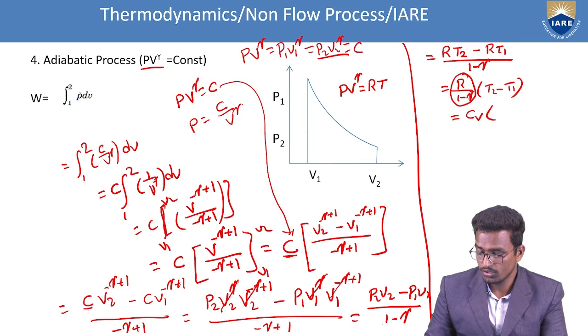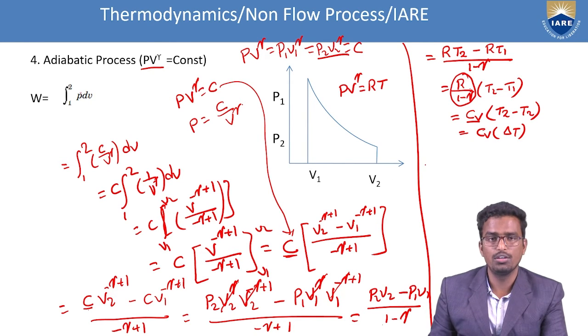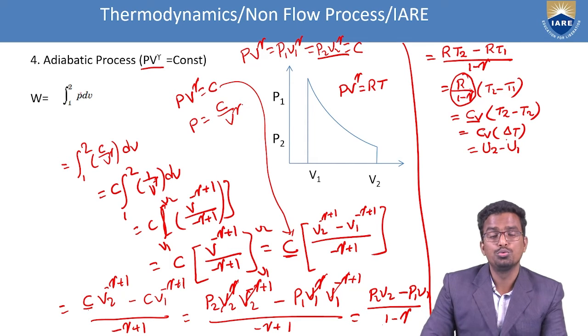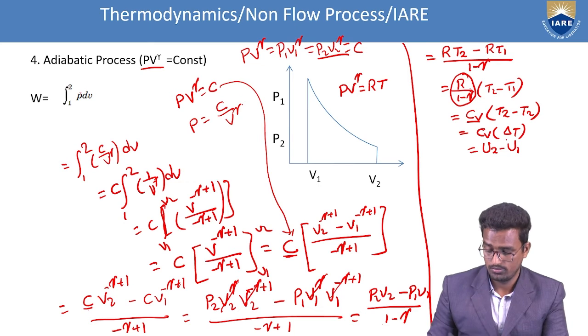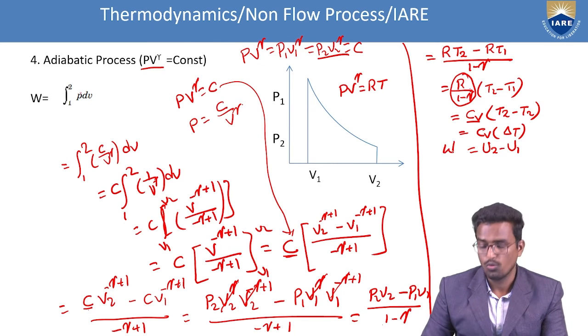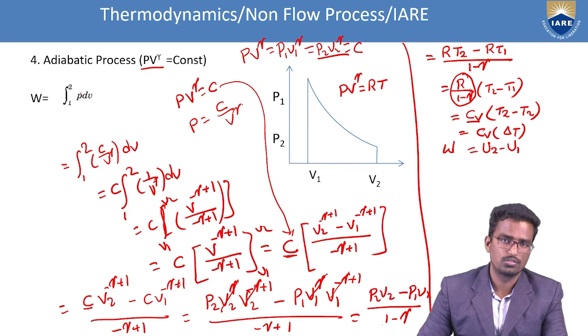So you can write CV into T2 minus T1, which means CV into delta T. We can also write it as internal energy, that means U2 minus U1. This is the work done equation in the adiabatic process for a non-flow system.